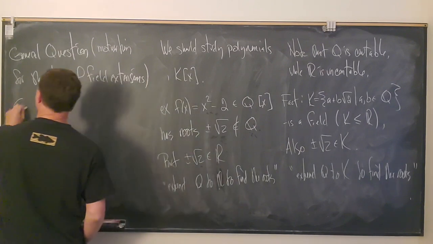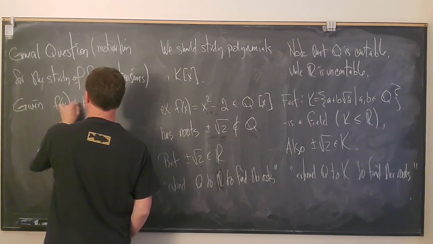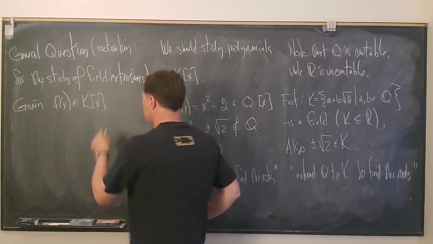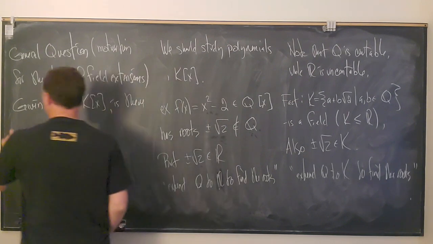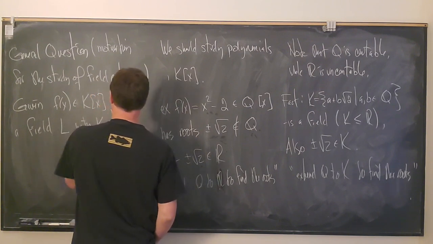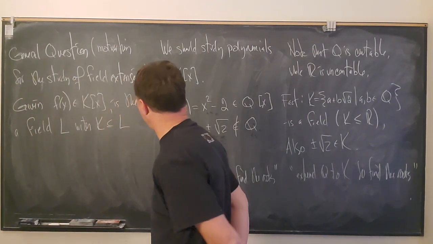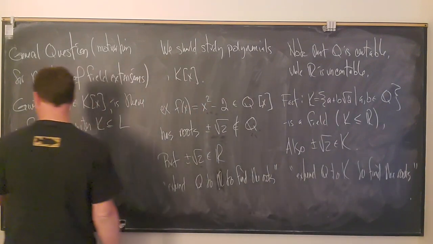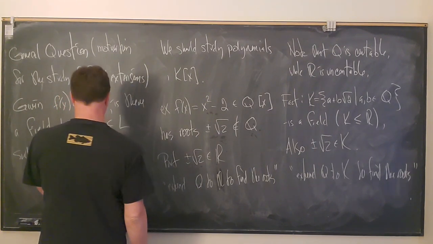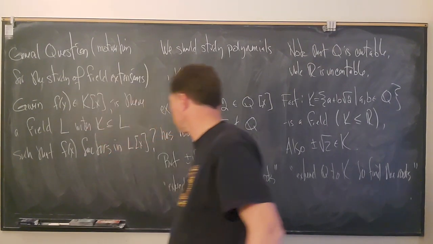The question goes like this. Given some polynomial with coefficients in a field K, is there a field L with K contained in L such that f of x factors in L bracket x, so that L contains all the roots?